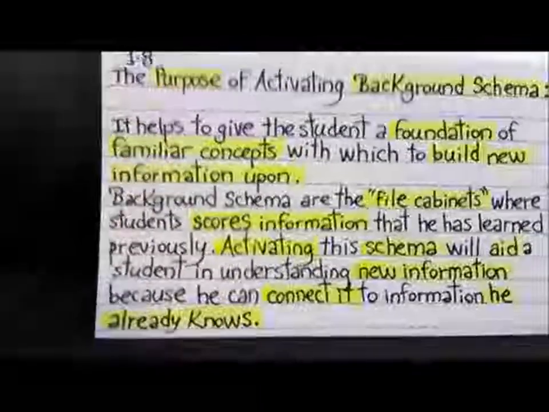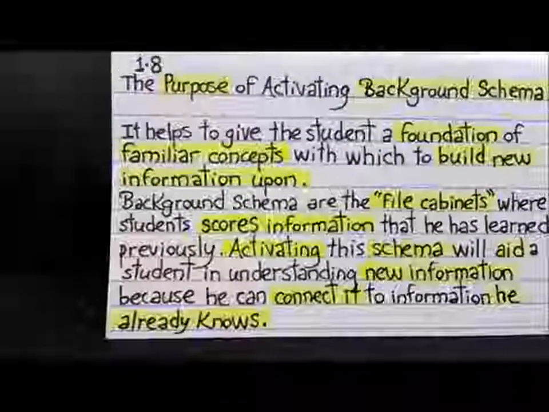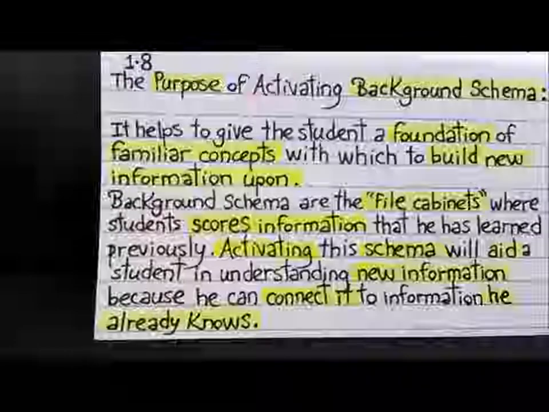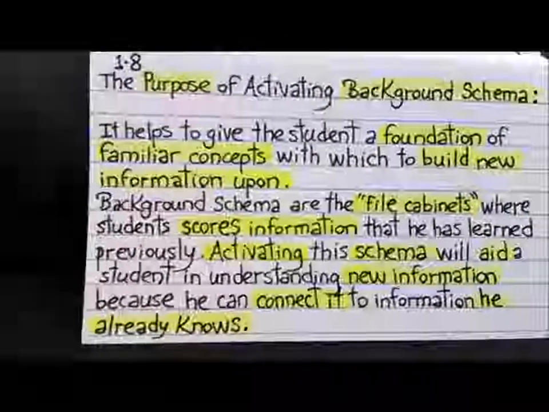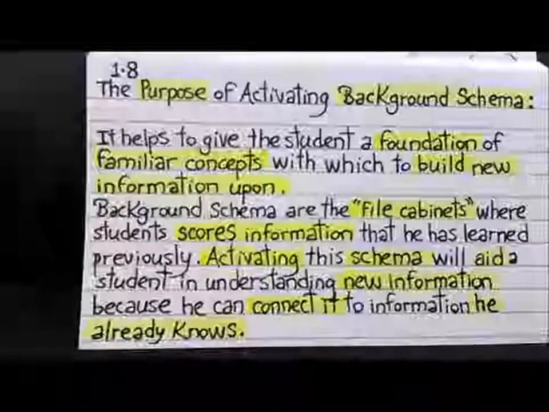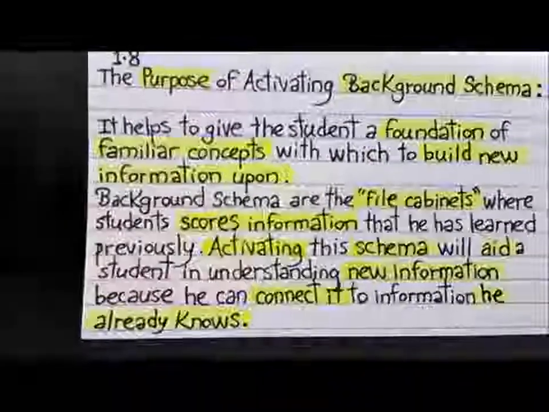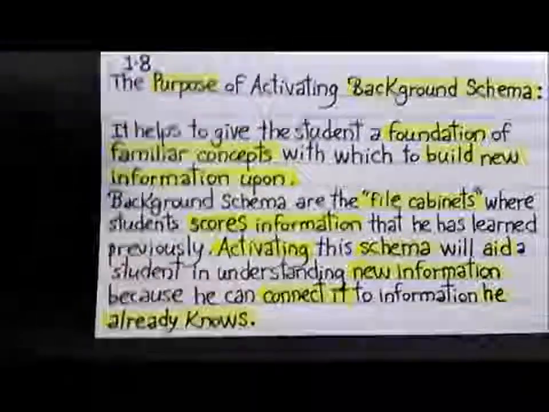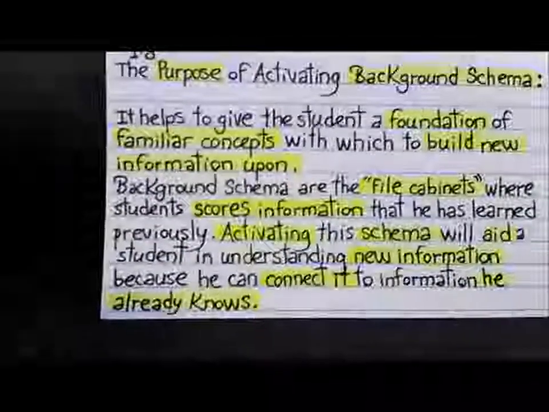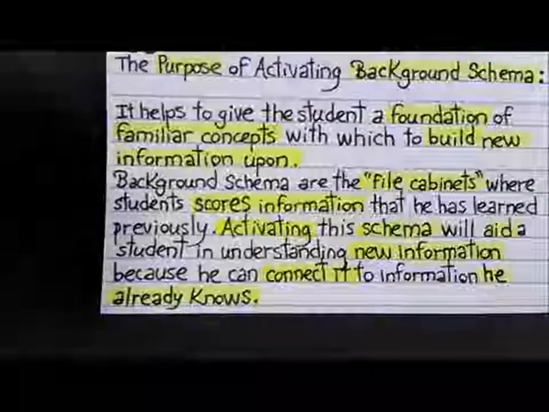Background schema are the file cabinets where a student stores information that he has learned previously. Activating this schema will aid a student in understanding new information because he can connect it to information that he already knows.